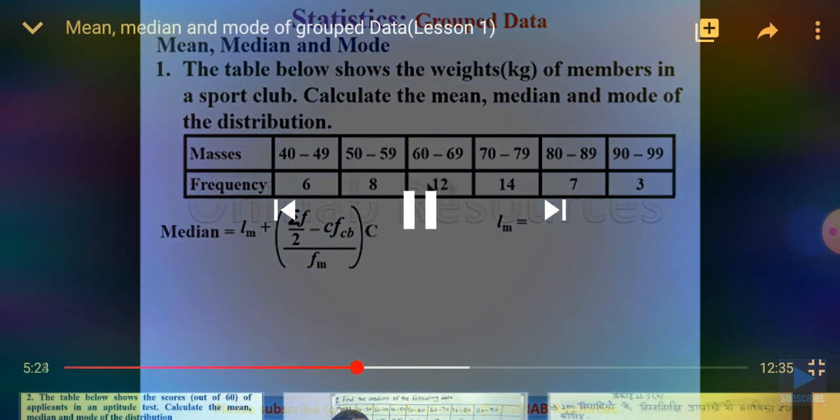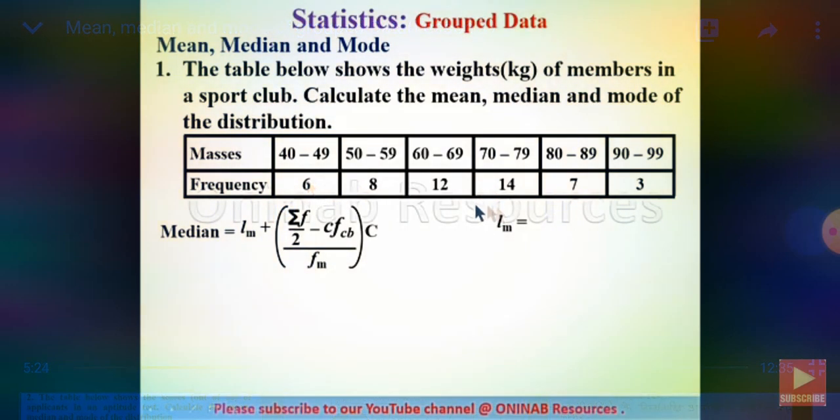First, we have to identify the median class. Since there are 50 members in the club, the 25th and 26th members will be in the middle, since the data has been arranged in ascending order.